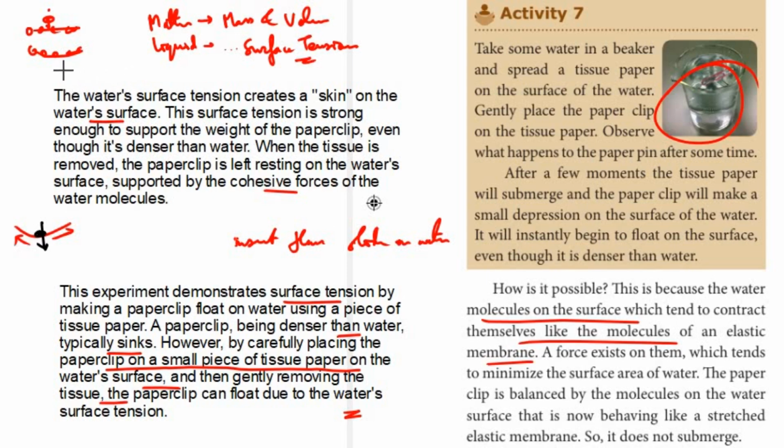There is a force which exists on them, and this force tends to minimize the surface area of water, and the paper clip is balanced by the molecules on the water surface that is now behaving like a stretched elastic membrane. And this is the reason why the paper clip is not submerging.